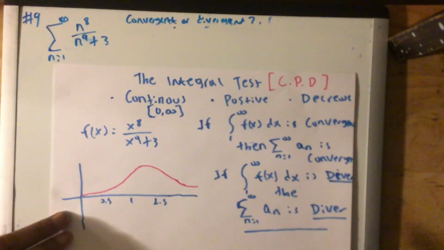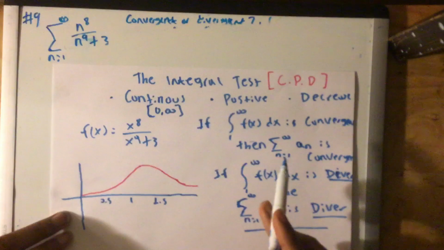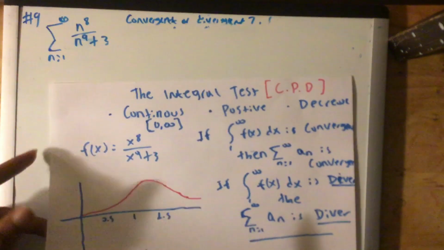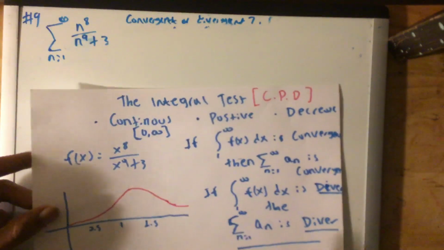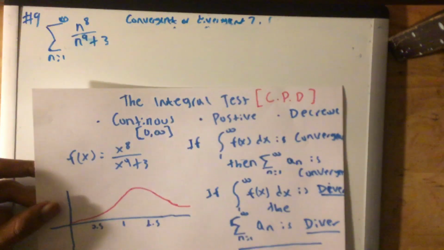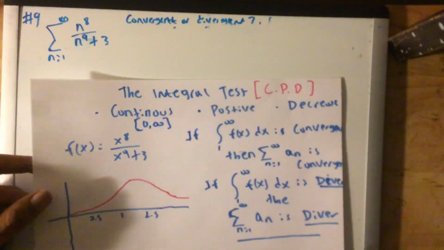I have the integral test right here, or as I call it, CPD, easier to remember. The requirements for the integral test are that it's continuous from 0 to infinity, positive, and eventually decreasing.